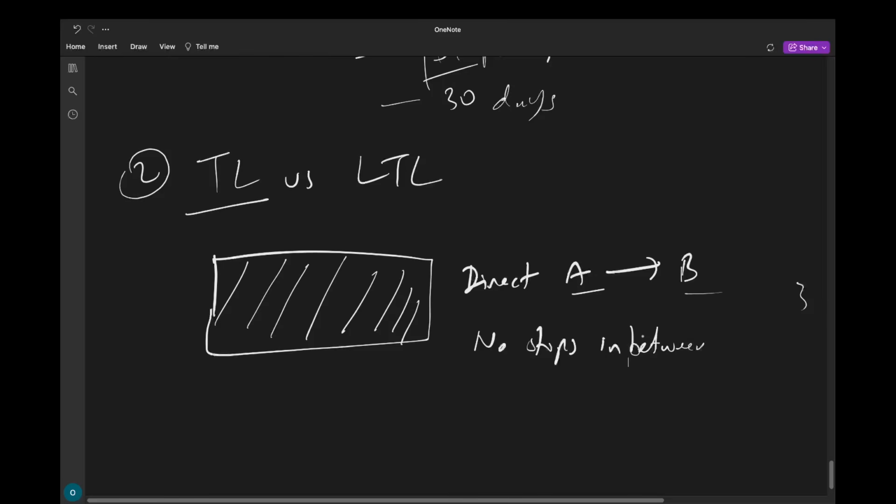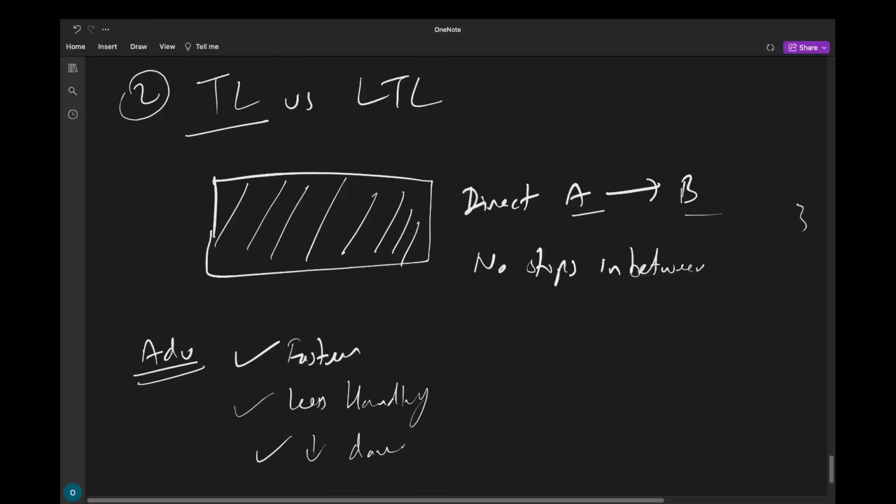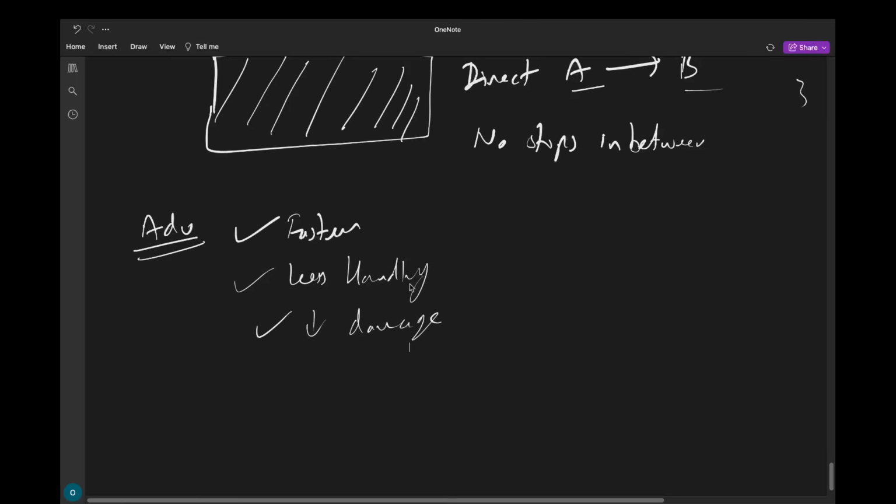Okay. What is the advantage here? It is faster, it needs less handling, and it has less damage risk. And if we are sending full, that is 100% utilized, then there will be low cost per unit.